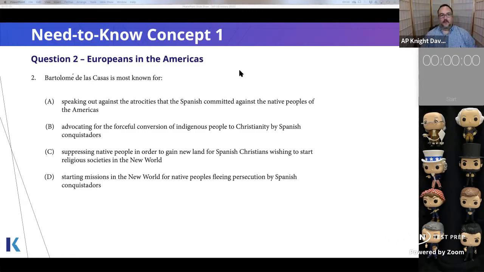Okay, so De La Casas. Now here's the thing. There is a powerful tool that you have at your disposal for every standardized test, and it's something we really encourage our students to use. That is elimination. Elimination is a very, very powerful thing. On your test day tool belt, that should be one of your go-to tools.